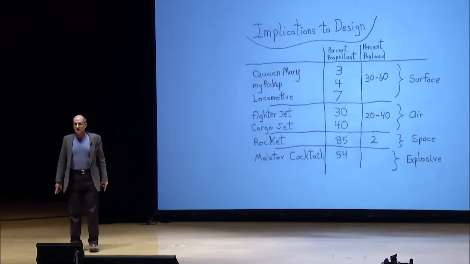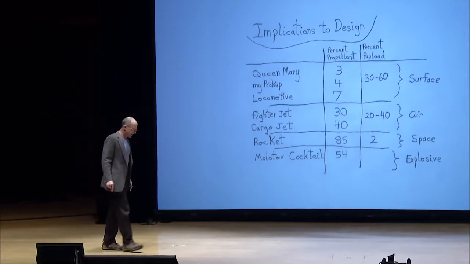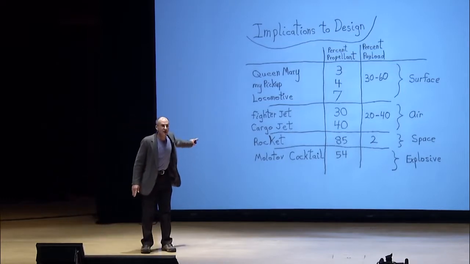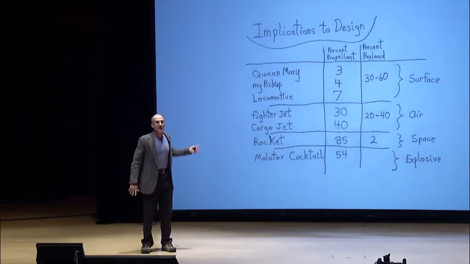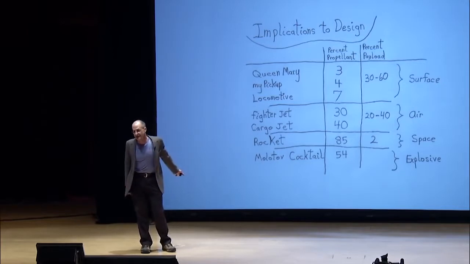They're called explosive devices. And there's a Molotov cocktail. And so rockets are closer to explosive devices than they are any other kind of vehicle that we're used to traveling in. And if the energy involved in using a rocket gets released in any other way than it was designed, its result is similar to that of an explosive device.